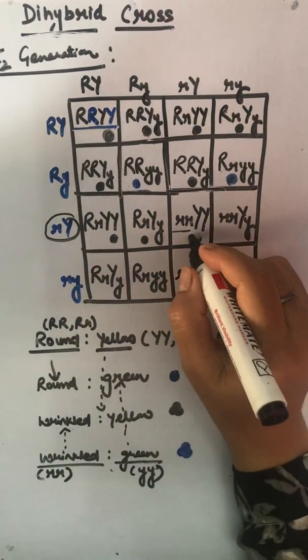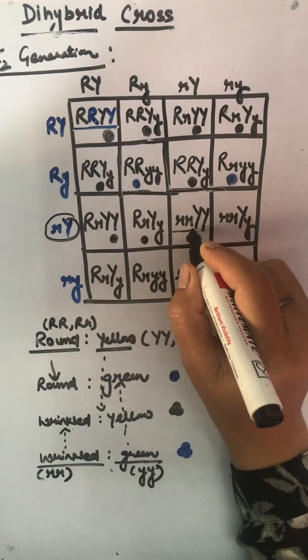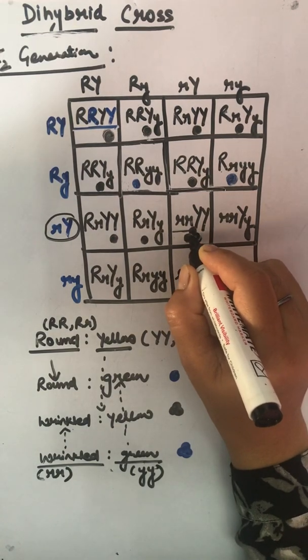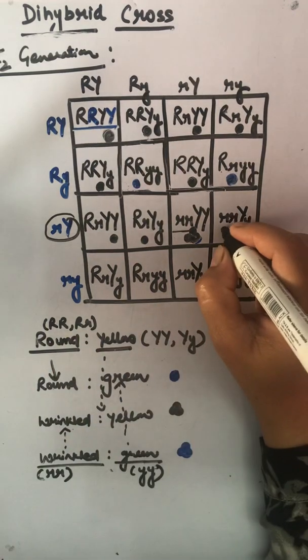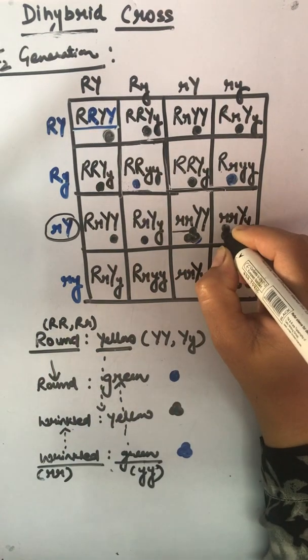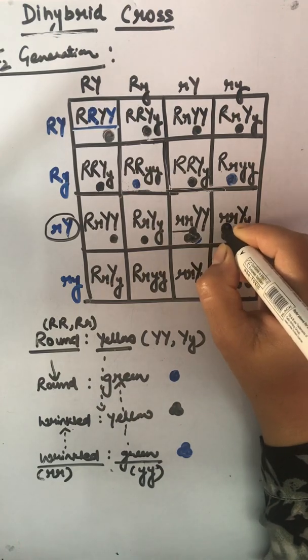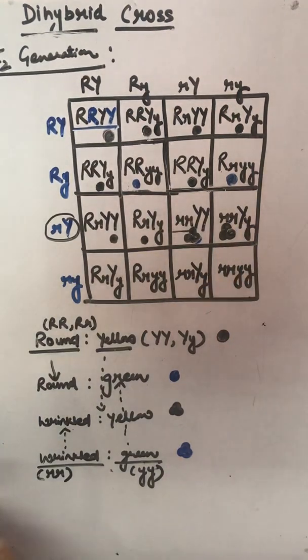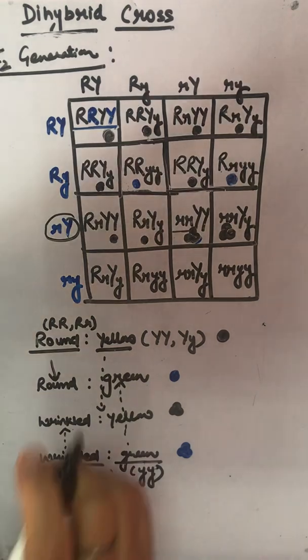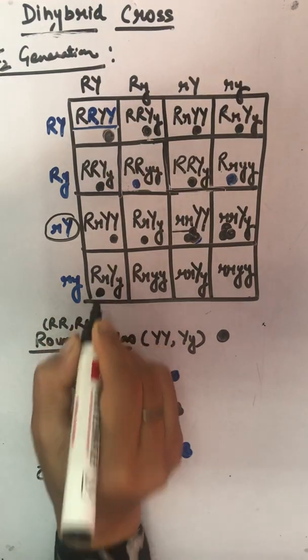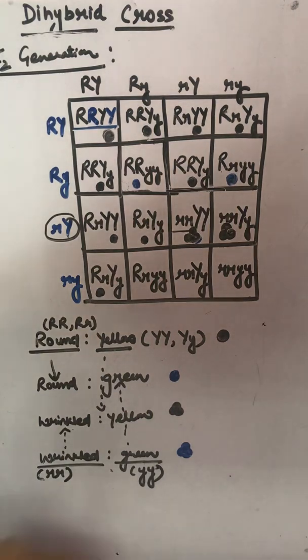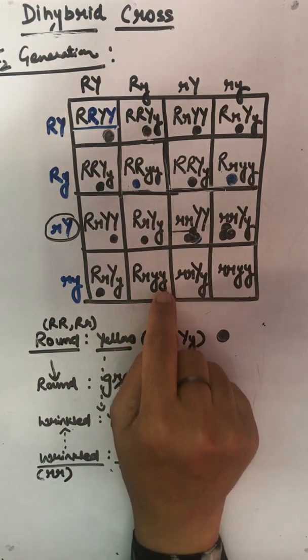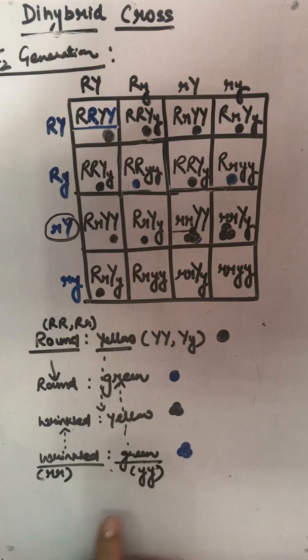So, this color code in this shape. Again, for this particular one, we have this color code shape. Right? Again, round and yellow, we have this. This is round and this is green. Right? This is not yellow, this is green.